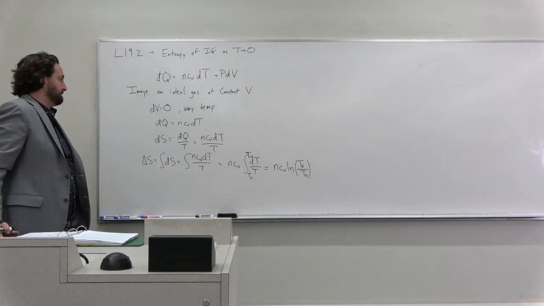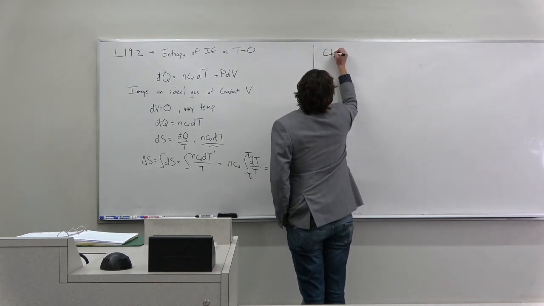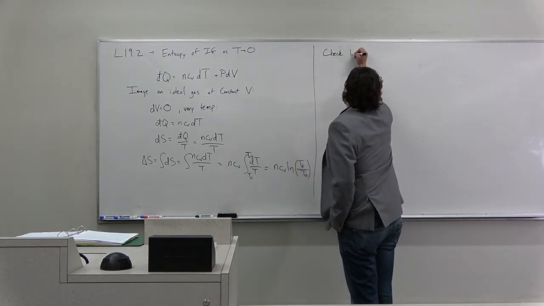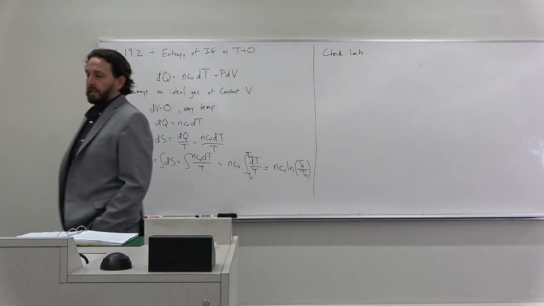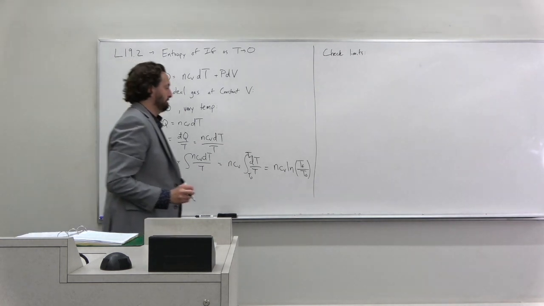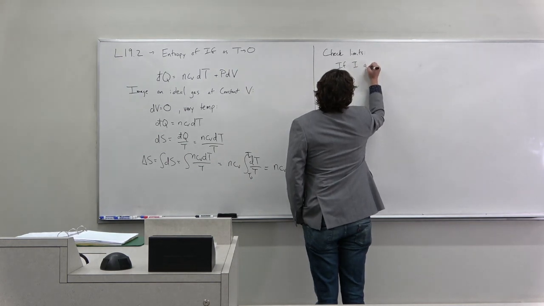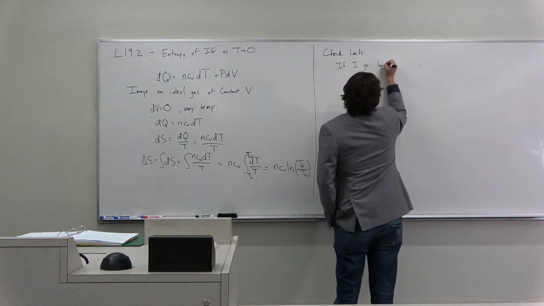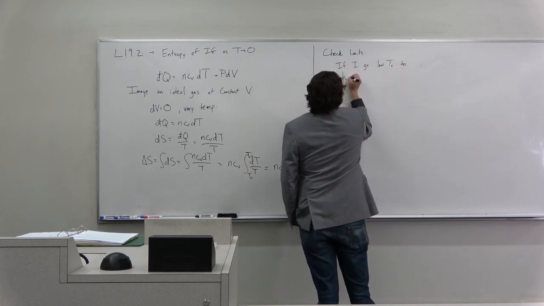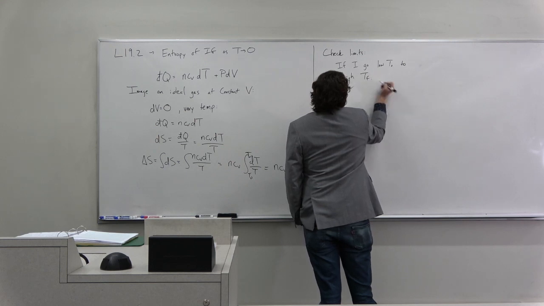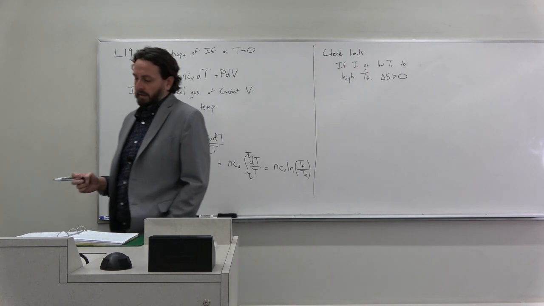Great. So let's check our answer in the limits. It's always good when you come up with an answer to see if it makes sense in the limits. If I go from low T0 to high TF, then delta S is positive, so my entropy increases.